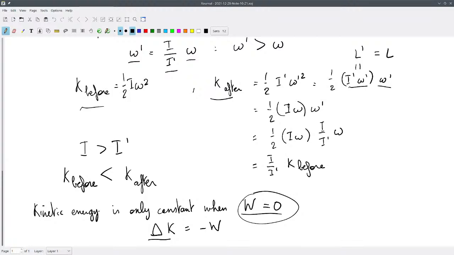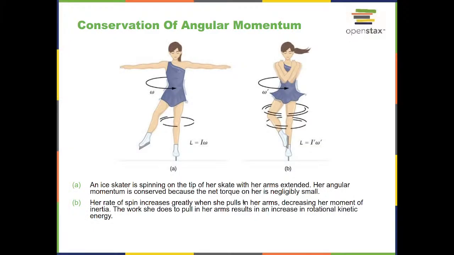And here, of course, it is not the case that the work is equal to 0, because this includes all kinds of work. In particular, the ice skater has to do work to pull in her arms. As you may know from personal experience, when you're ice skating or spinning around, if you want to pull in your arms, you actually have to do work to pull them in.